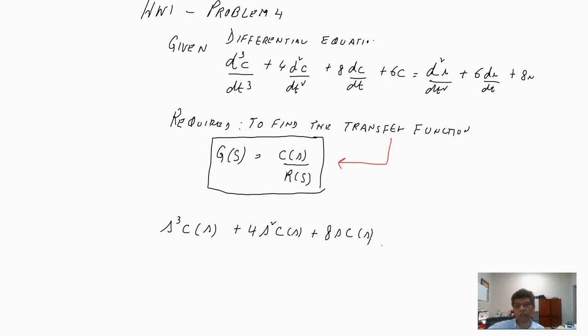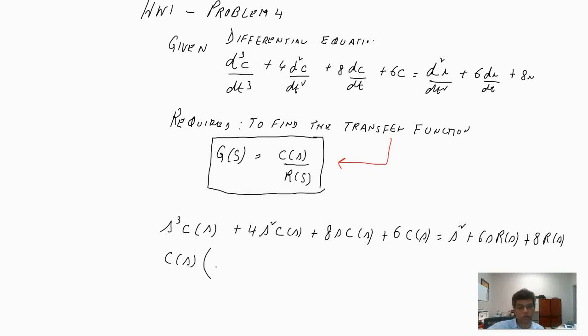Well, the right hand side, we're not done with this as yet. And this will be 6 times C(s), is equal to s squared plus 6s times R(s), plus 8 R(s). Seems like we got a pretty neat equation here. So we can factor out C(s).